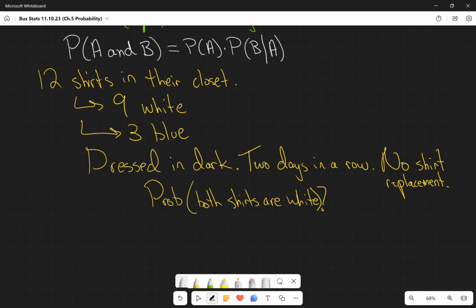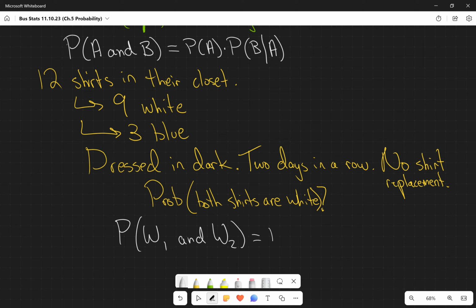So let's put this in our conditional probability situation. Because there's no replacement of shirts, the choice the second day is dependent on what they choose the first day. So when we're writing this in our probability formula, we're going to look at getting a white shirt the first day and getting a white shirt the second day.